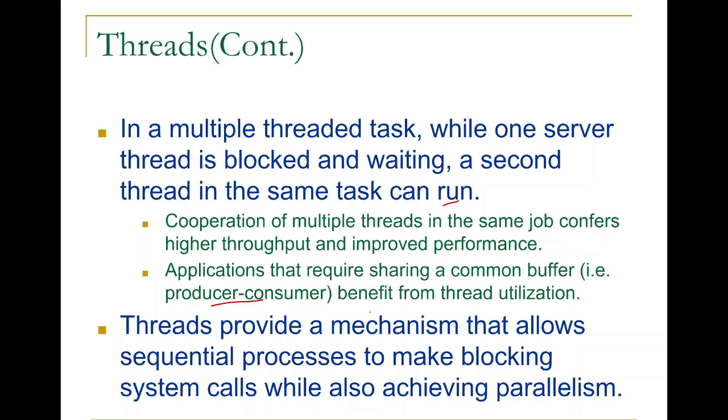Threads provide a mechanism that allows sequential processes to make blocking system calls while also achieving parallelism. So you see, it can allow a process to stop some threads to run system calls while the other ones are still running.